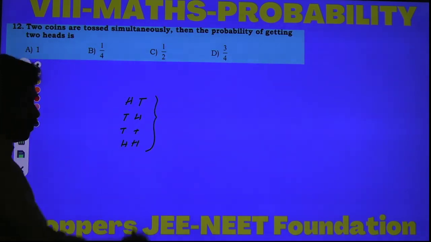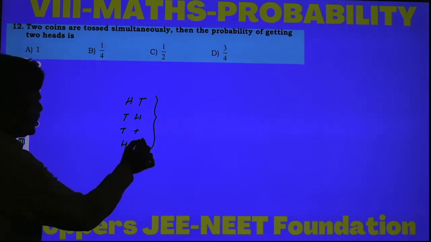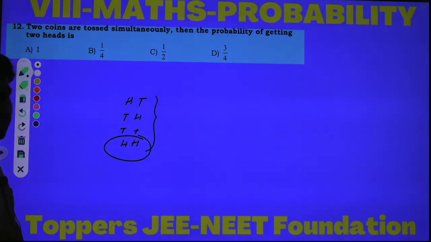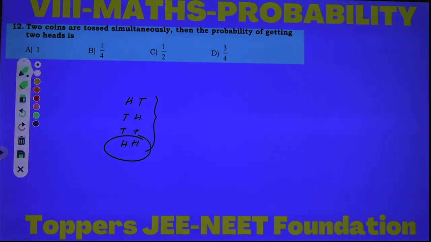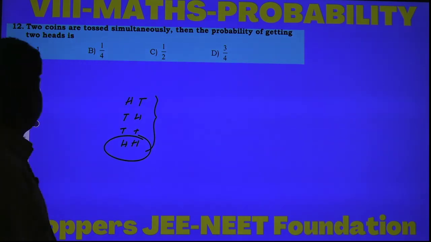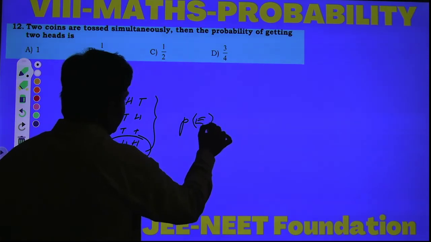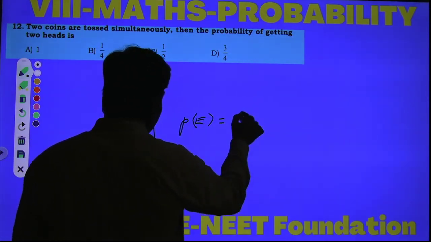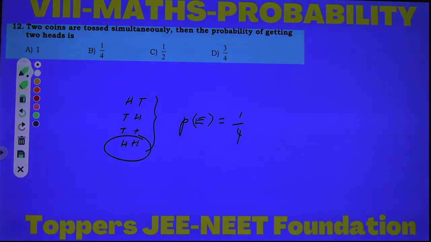There are 4 possible outcomes. Then what is asked? Two heads. Two heads is only one case. Out of 4 possible outcomes, only one case is the favorable outcome to the event. Therefore, probability of getting two heads, P of E, is equal to 1 by 4. Option B is the correct answer.